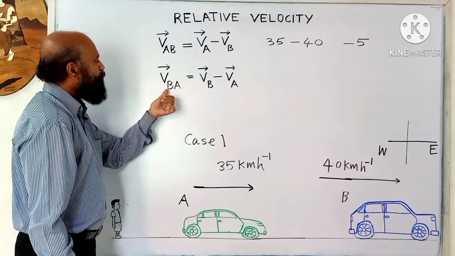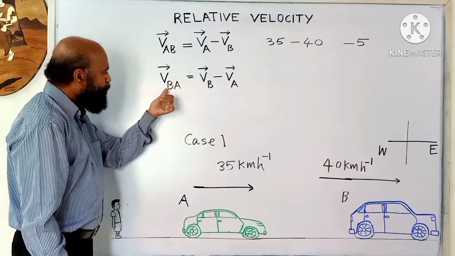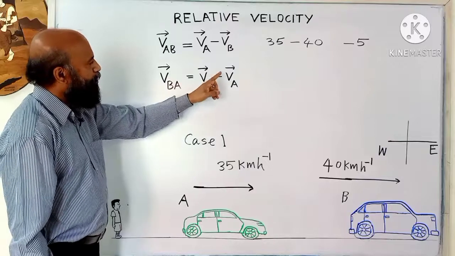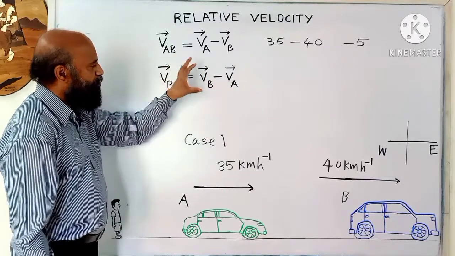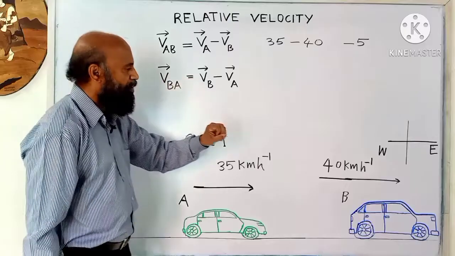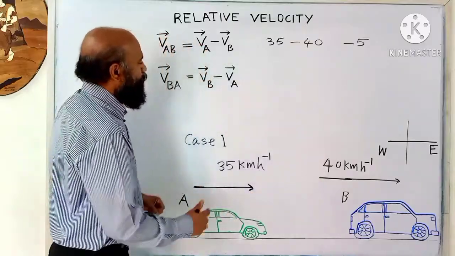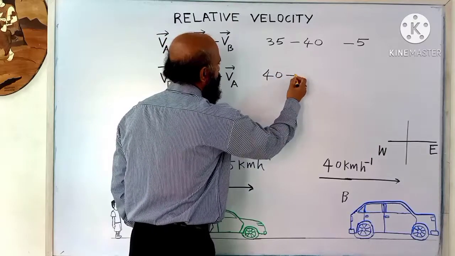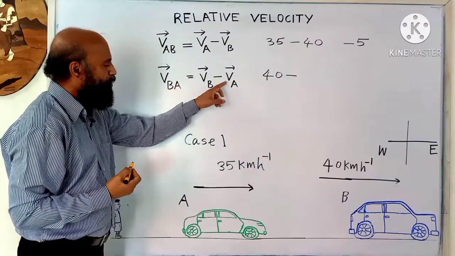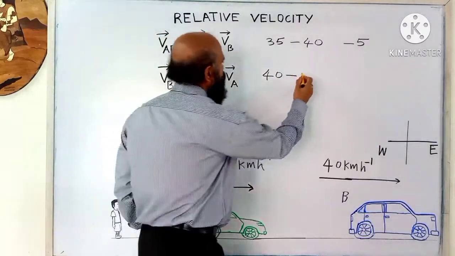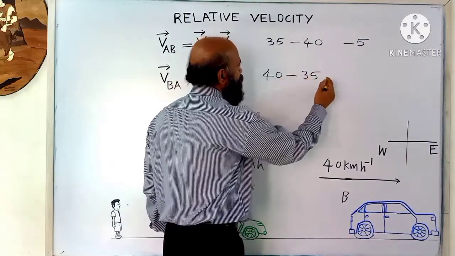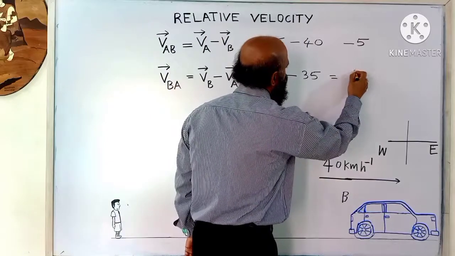Now, the relative velocity of car B with respect to A, that is VB vector minus VA vector. Velocity is a vector quantity. First, let us deal with the magnitude. VB is 40 minus VA, magnitude 35. Here it is 40 minus 35 is equal to 5.